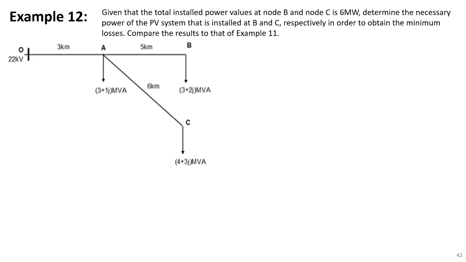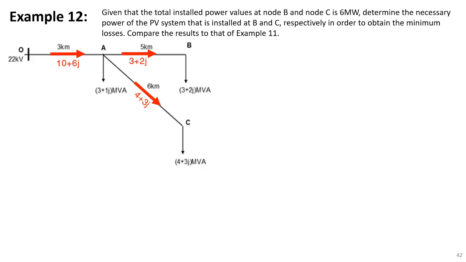Now, if we split the 6 megawatt PV system at node C into two smaller subsystems, to mount one at node B and one at node C, simultaneously still maintaining the total PV power at 6 MW, is there any influence on the network performance?